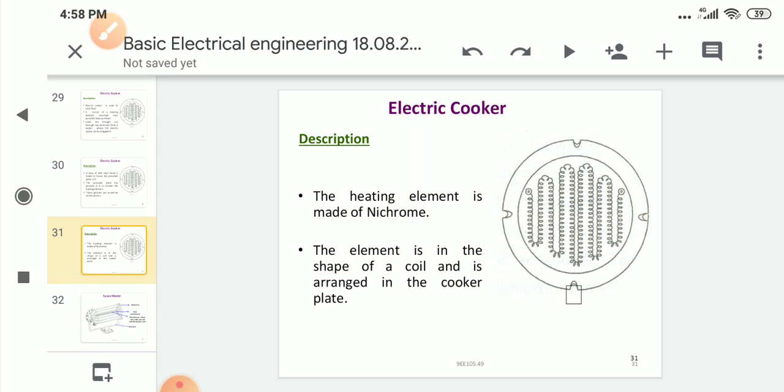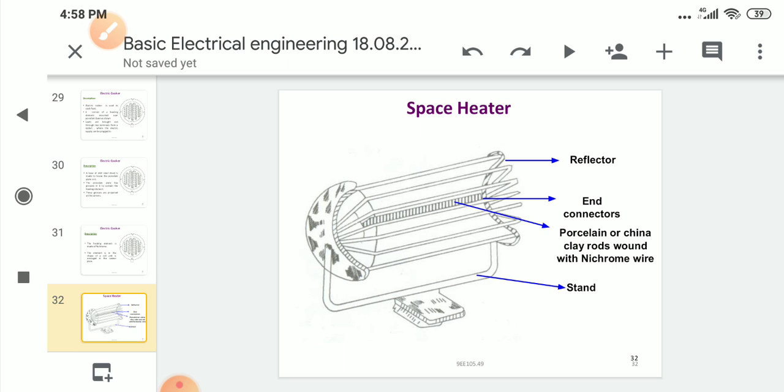The next is about space heaters. A space heater is a device used for heating an enclosed area.